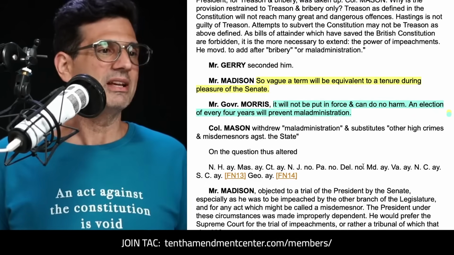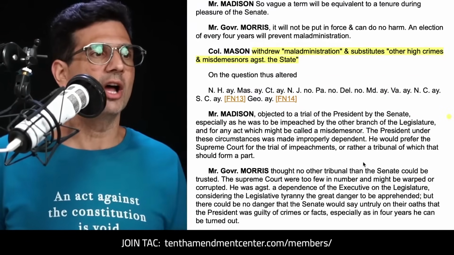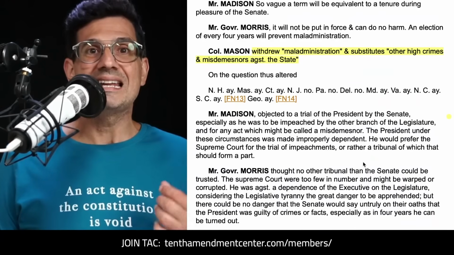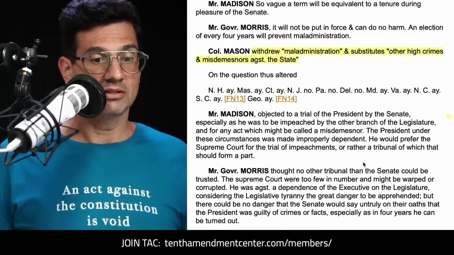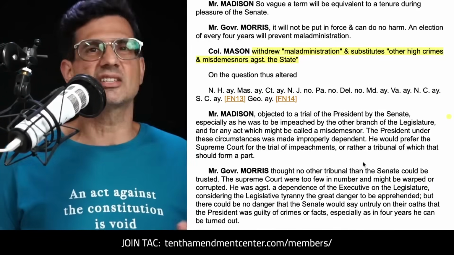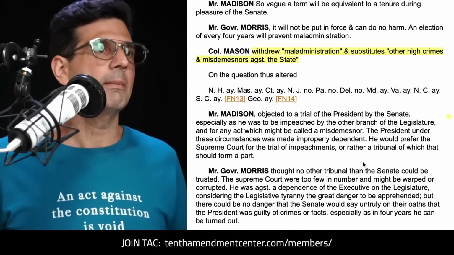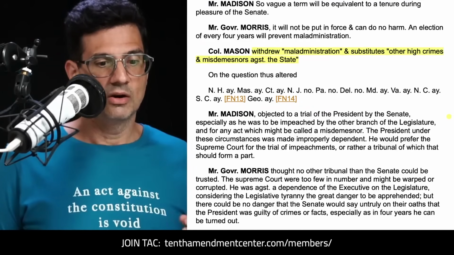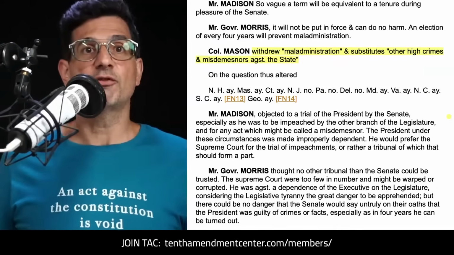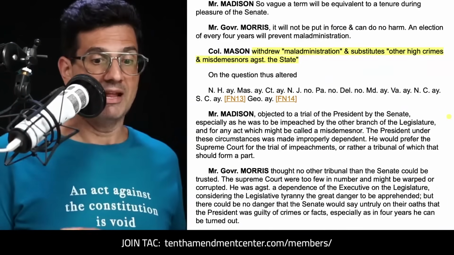So anyways, Mason ends up withdrawing the term maladministration, and he substituted that English legal term of art, other high crimes and misdemeanors. He included against the state. They had some debate over it, and they ended up with high crimes or other high crimes and misdemeanors. Now, for the framers in Philadelphia, this kind of struck the perfect balance.